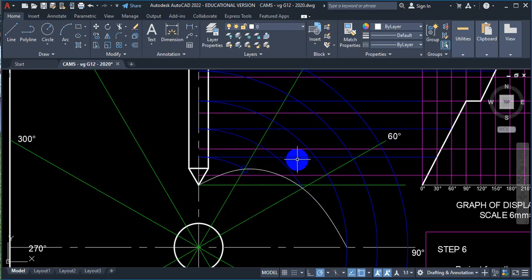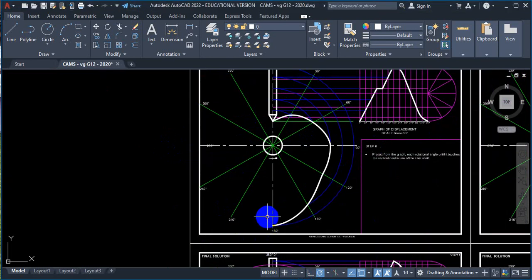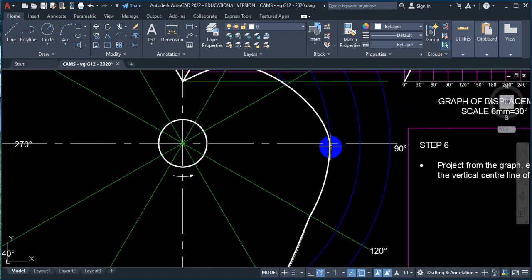Then you continue like that until you complete all of them. So this is your first half now drawn dark, part of your cam profile. There's this part here where we used a compass, which is why this one is not freehand.